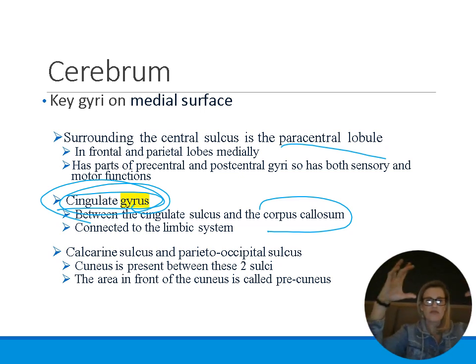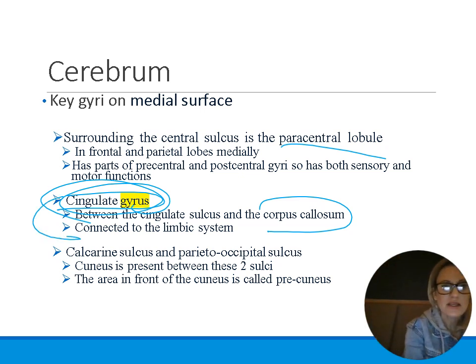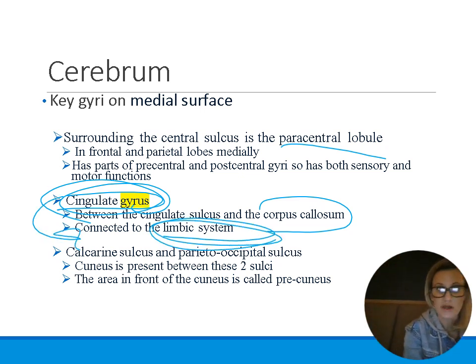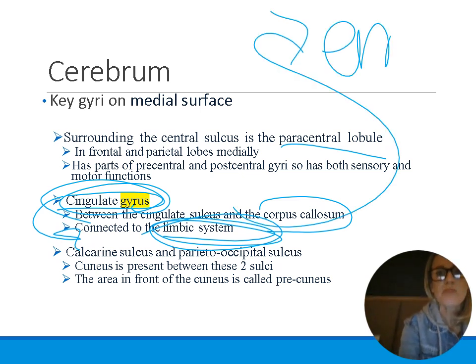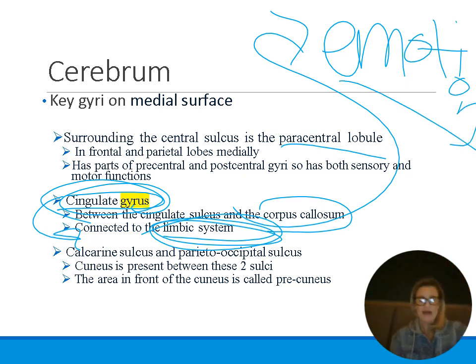Just above that corpus callosum is the cingulate gyrus. This cingulate gyrus is a part of the limbic system. The limbic system is what we nickname the emotional brain. So it's involved in emotion and memory. The cingulate gyrus is this little band of cortex on the medial aspect of the brain that's important for emotion.